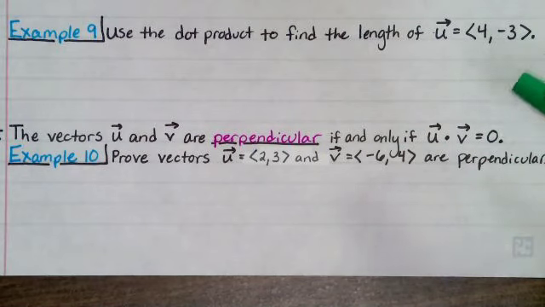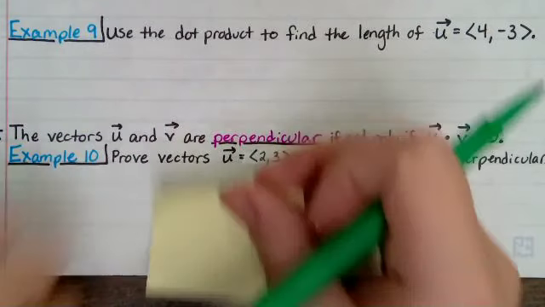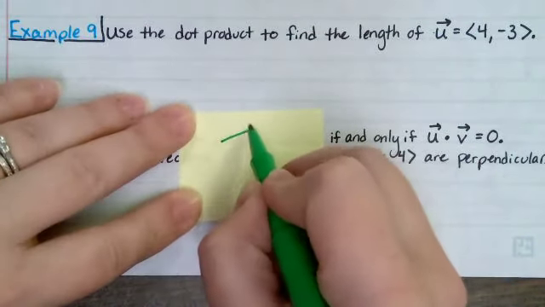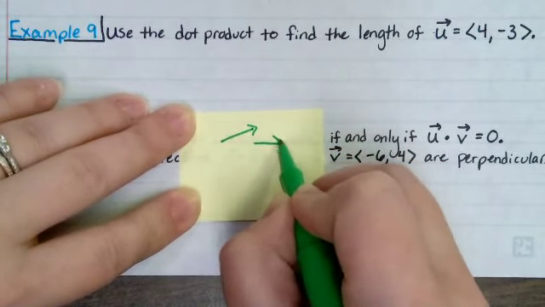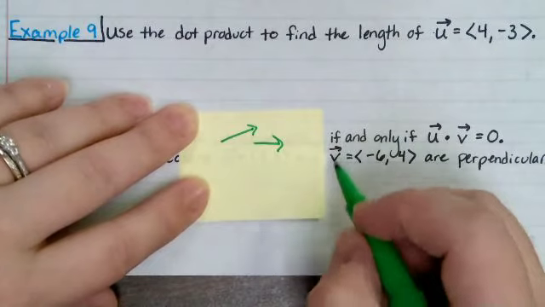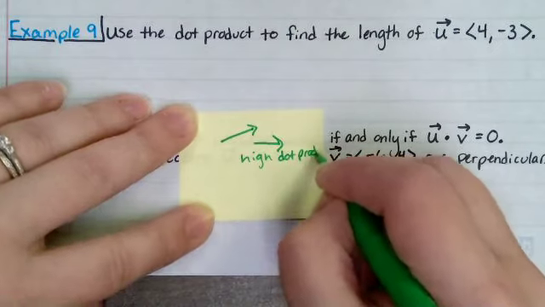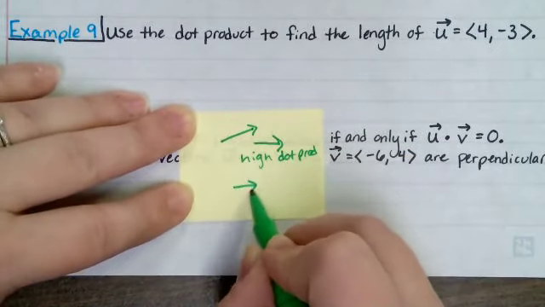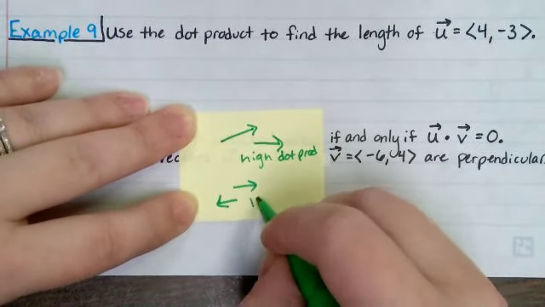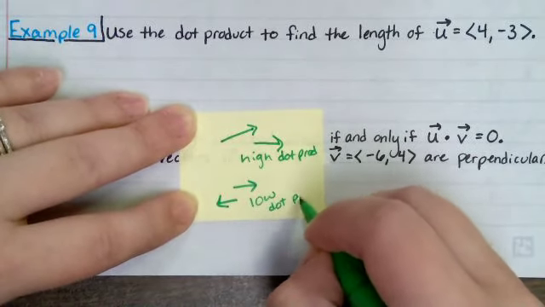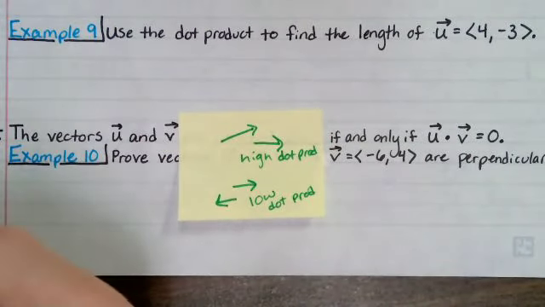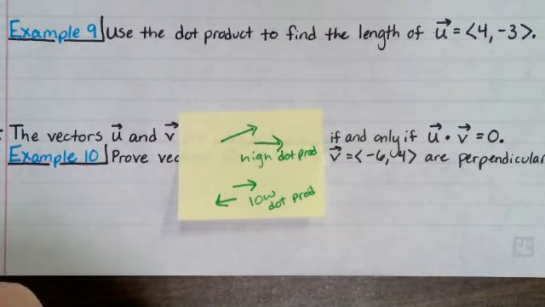Something that the dot product is good for is helping you determine how close to the same direction two vectors are going. If you had 2 vectors that go really close to the same direction, they're going to have a high dot product. Whereas if you have ones that go in different directions, they're going to have a low dot product. So the higher the dot product, the closer to the same direction they're going.